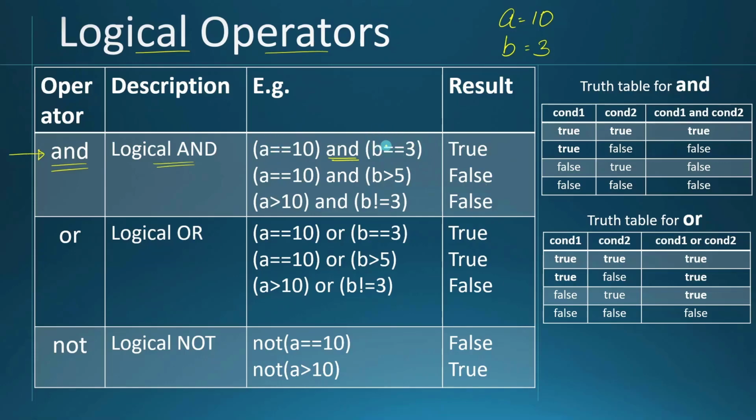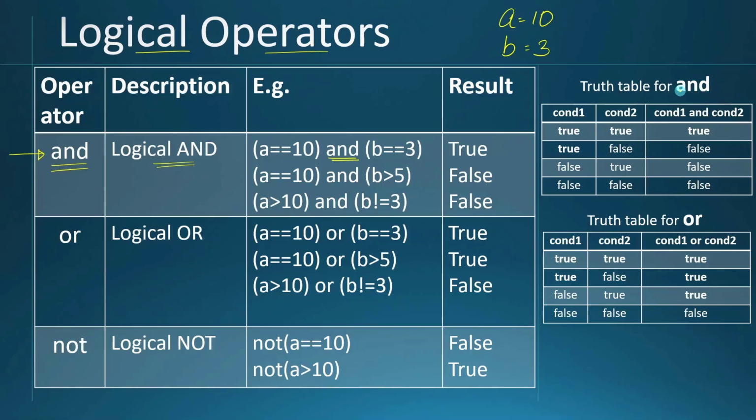The right side condition can also evaluate either true or false. Based on these values on the left side and right side, AND will produce the final true or false for this combined condition statement.